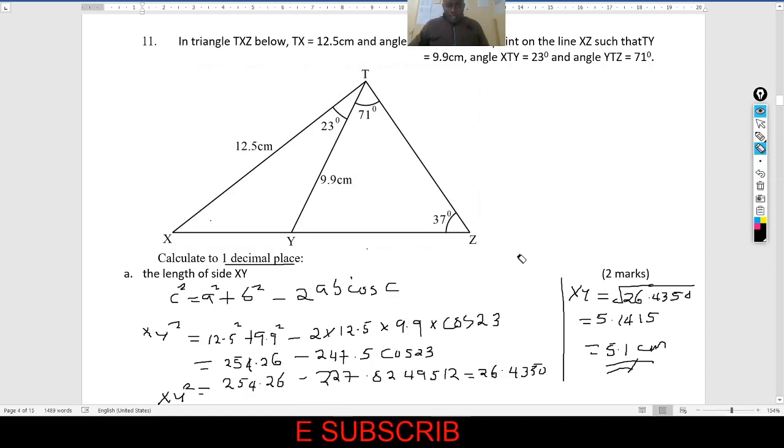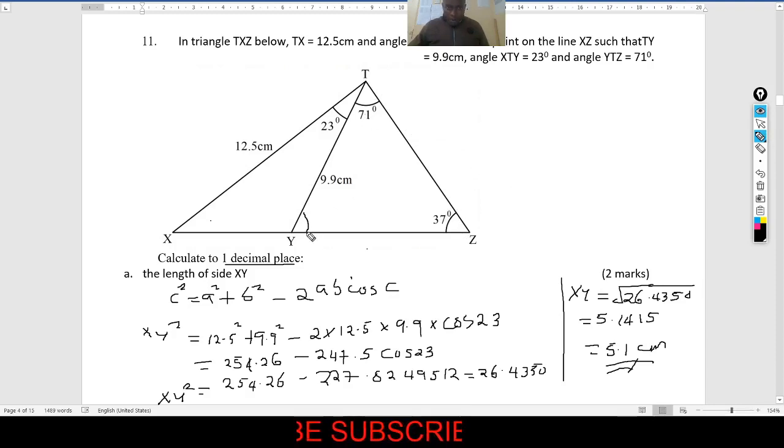Next is part B. If you are asked to find the length of TZ, now I have this angle and this angle, so I use the sine rule.